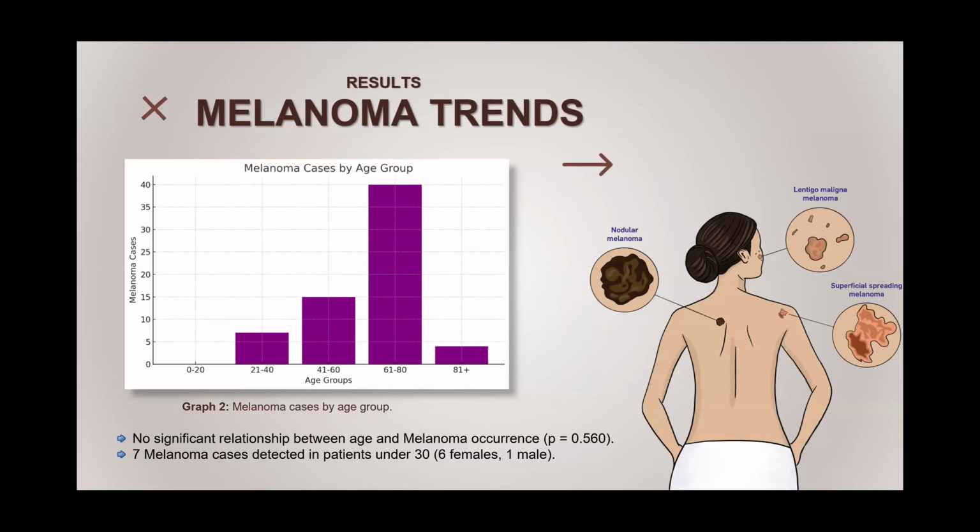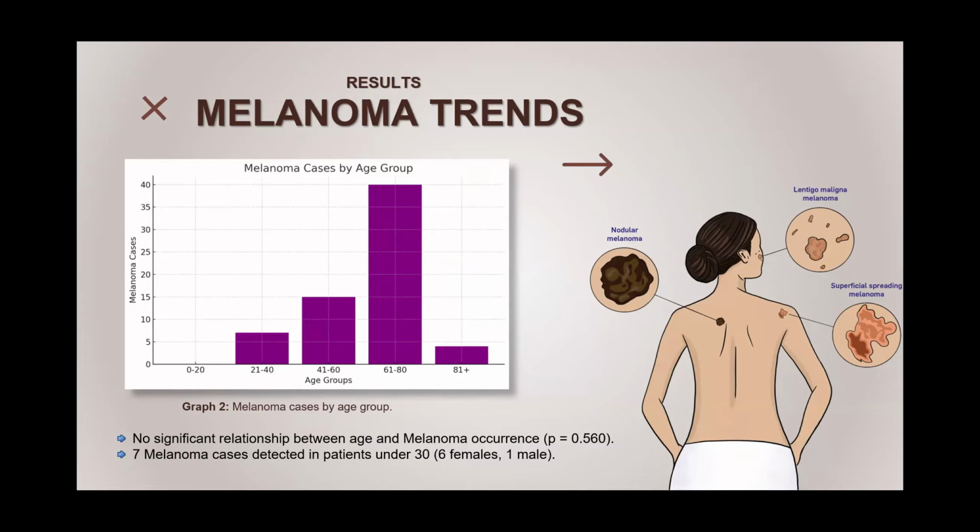We used a linear regression model to assess whether an increase in age is associated with an increase in diagnosed cases of melanoma in a group of patients. And we found that there is no statistically significant relationship between age and the occurrence of melanoma in this data set.